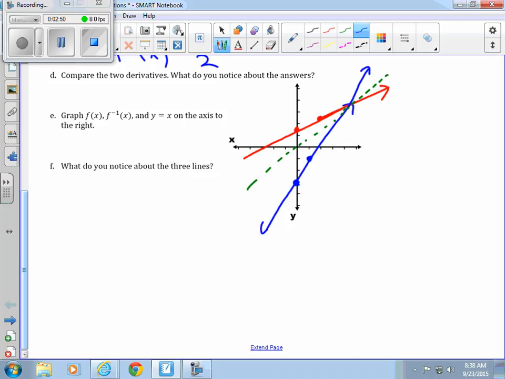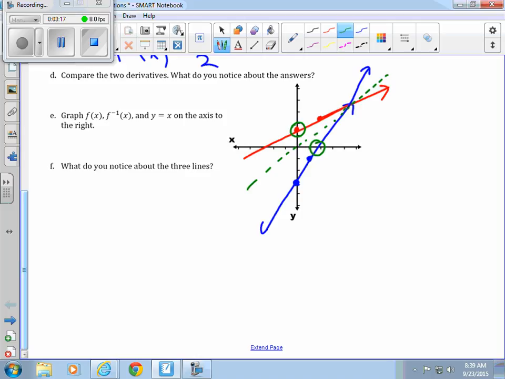But the weird thing about the inverse derivative thing is if the slope were changing, what is the corresponding point to this one on this graph? Where are the x's and y's the same but switched? It's this point, right?